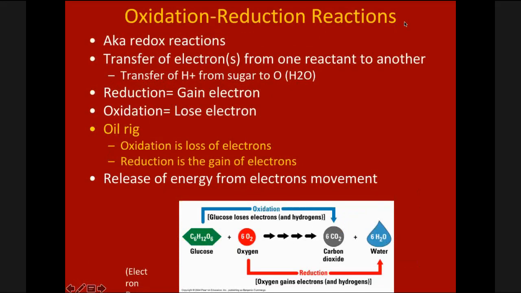Okay, last thing. Hey, I hear you. Last thing I'm going to talk about here is the reduction and oxidation reactions.